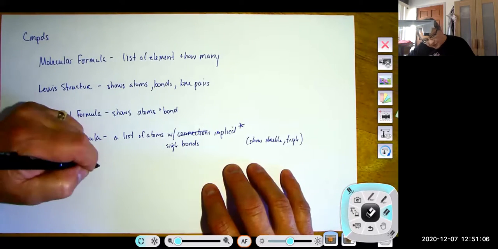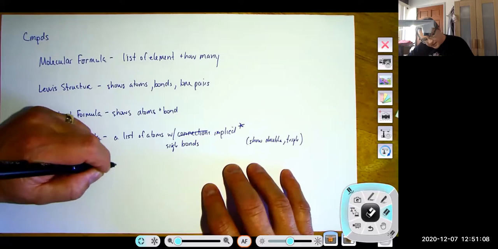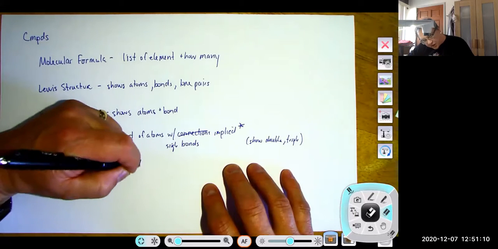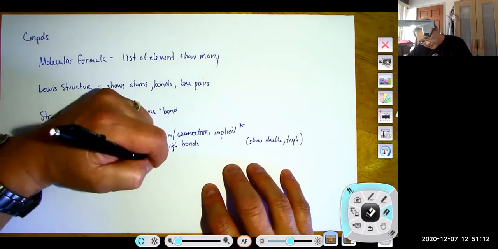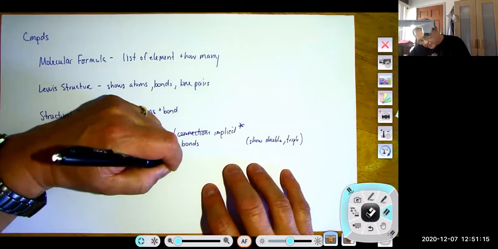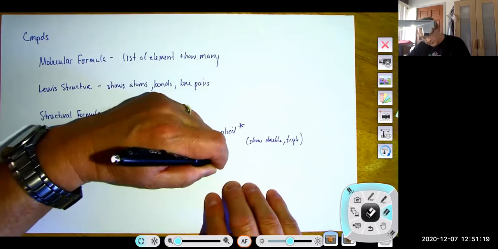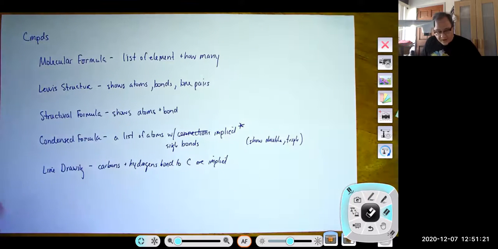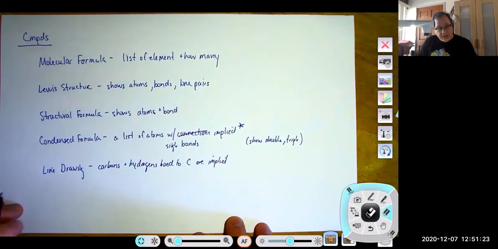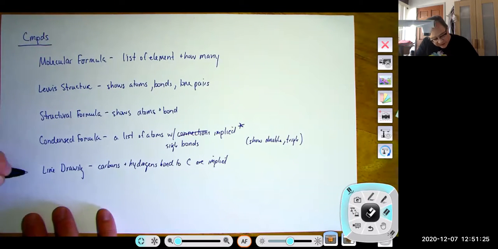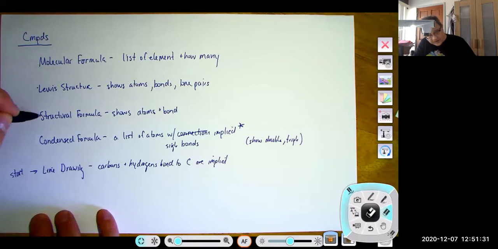And here, carbons and hydrogens bonded to carbon are implied. So these are the different ways of representing compounds. And we're actually going to start here. And from here, we're going to get the Lewis structure, the structural formula, the condensed structure, and then the molecular formula.